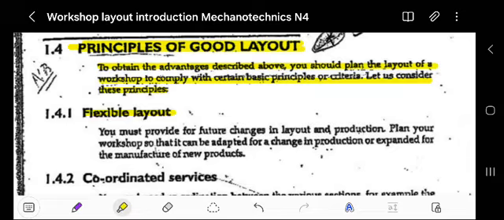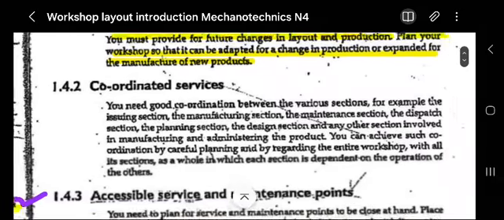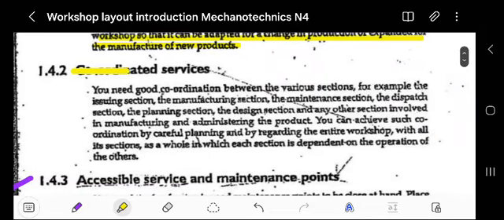Flexible layout. You must provide for future changes in layout and production. Plan your workshop so that it can be adaptive for changes in production and expanded for manufacture of new production.